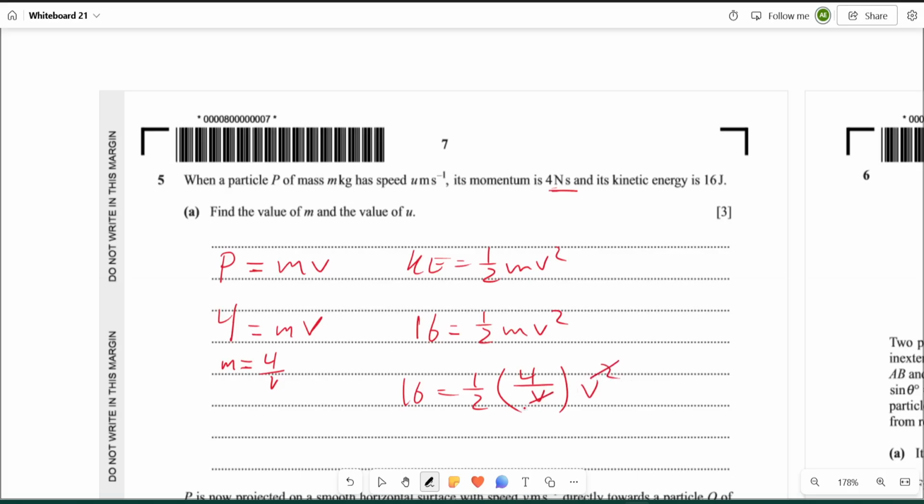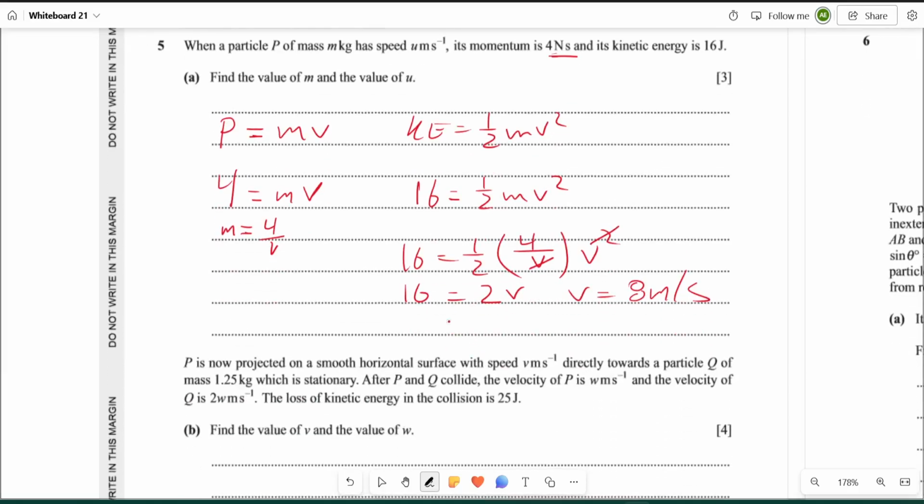So this V cancels with one of the V on top. Half times 4 is basically 2, so 16 equals 2V. So the velocity is equal to 8 meters per second. That is going to be the speed u. And to get the mass is easily 4 over the velocity that we just got, so it's equal to 0.5 kilograms.